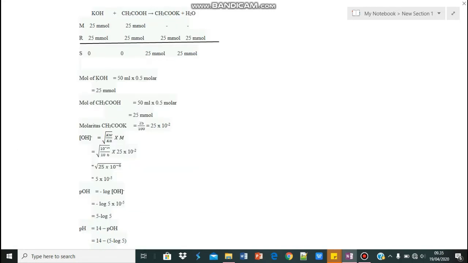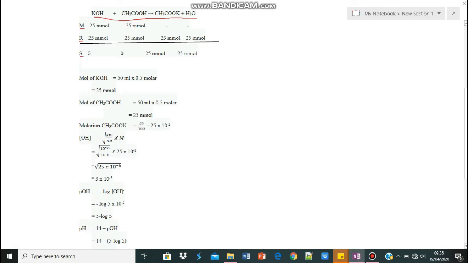For the next question, we have to react first because it is not a salt. This is the reaction. After writing the reaction, then we write down the initial, reaction, and residual.